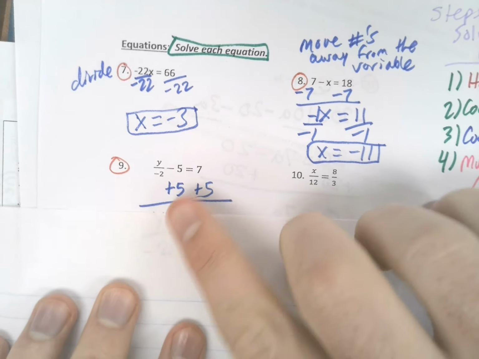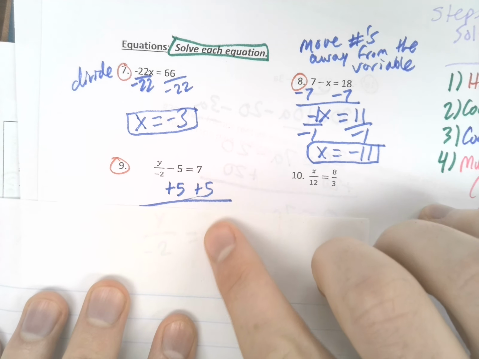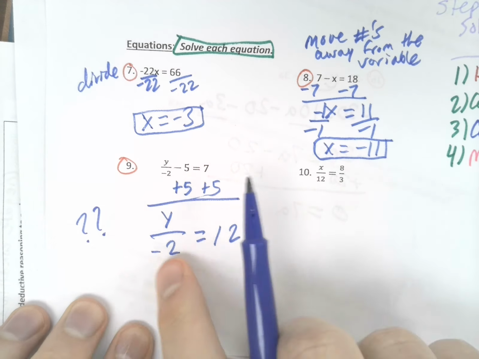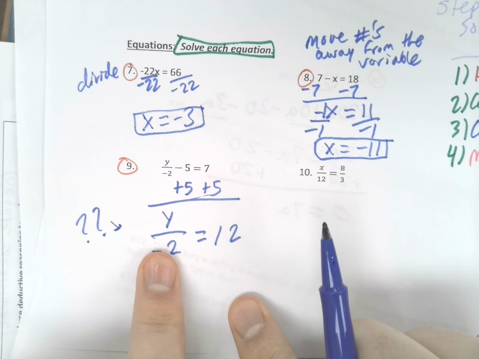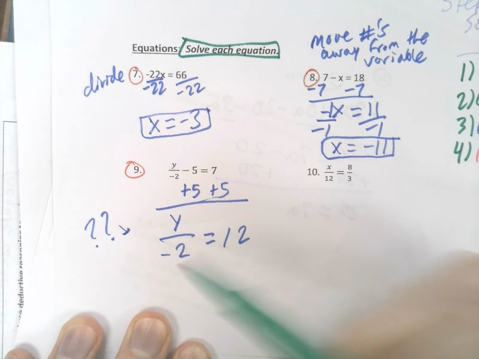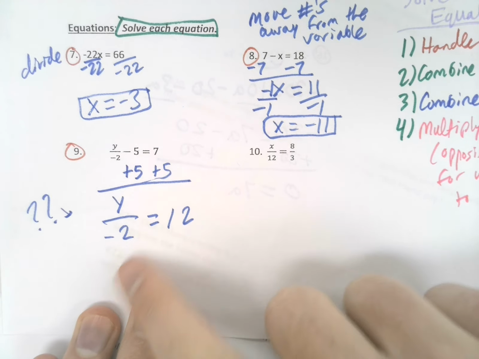How about number 9? So we start off, we want to add 5, combine that number with that number. Oh, but what are we going to do here? Well, if y is being divided by negative 2, what's the opposite operation of division?